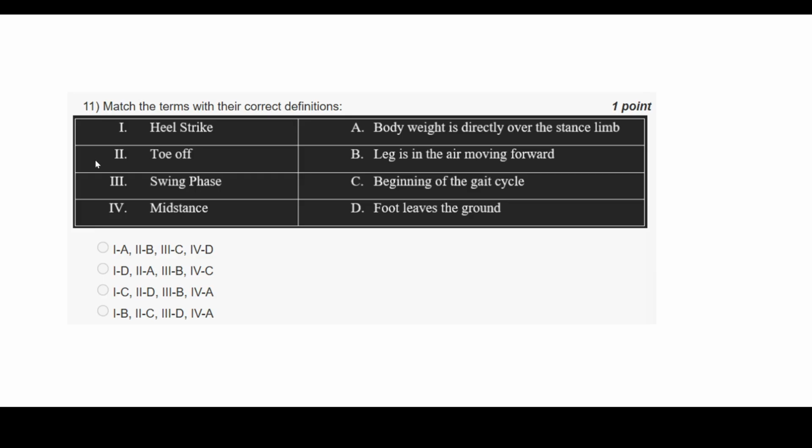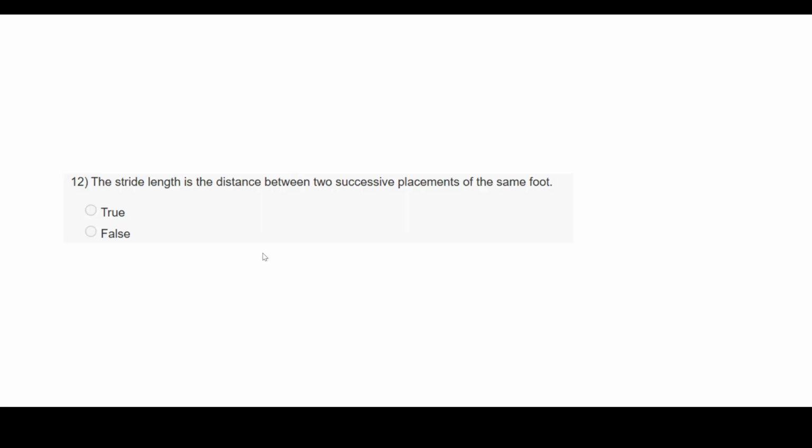Toe off, when the foot leaves the ground. Swing phase. Correct. The answer is C. Swing phase is when the leg is in the air, and mid stance is when the body weight is directly over the stance tip. So the answer is C.